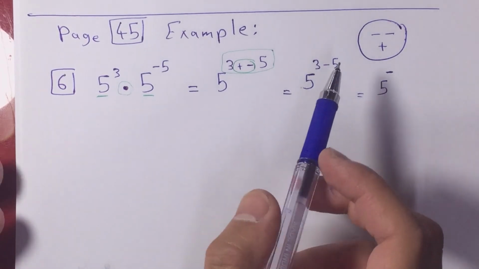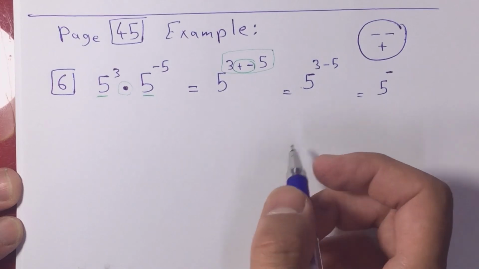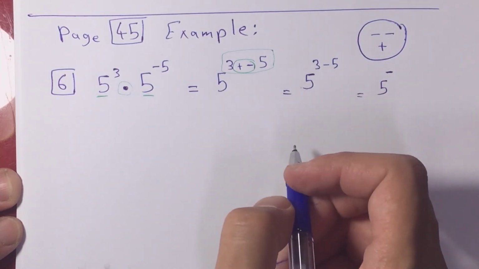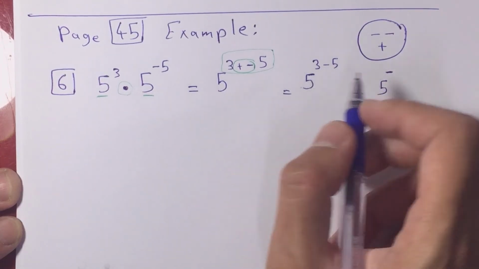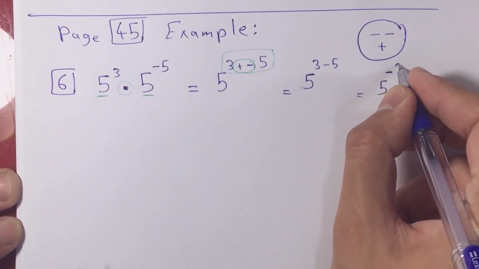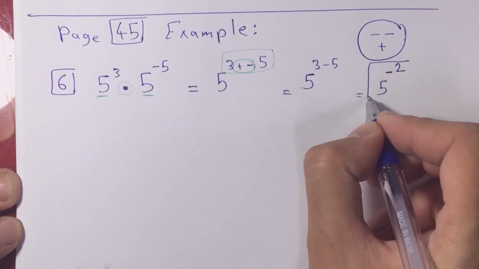These are different signs: positive for the 3 and negative for the 5. So with different signs, we subtract them. 5 minus 3 gives us 2. So the answer will be 5 to the power of negative 2.